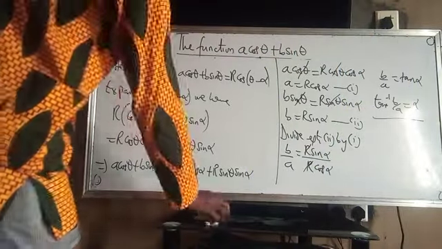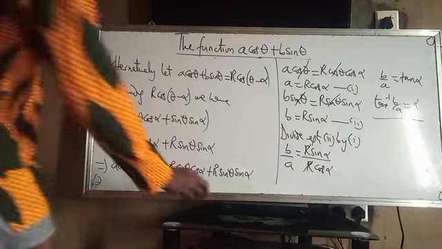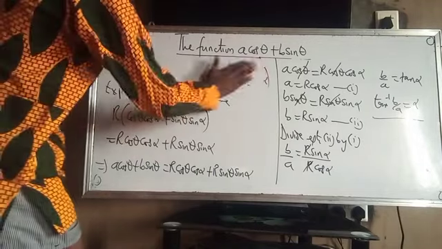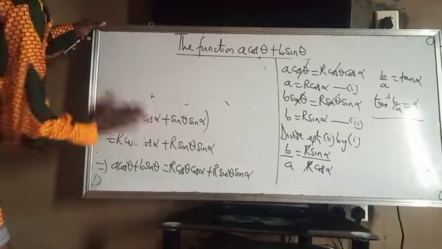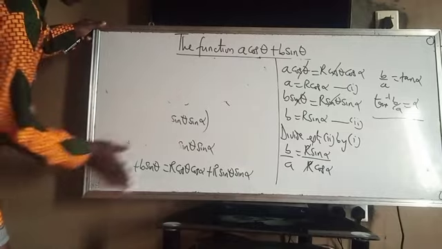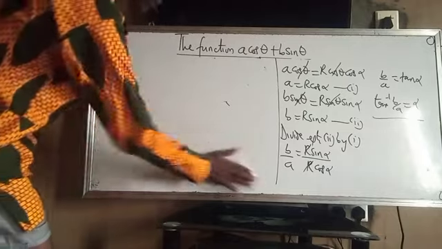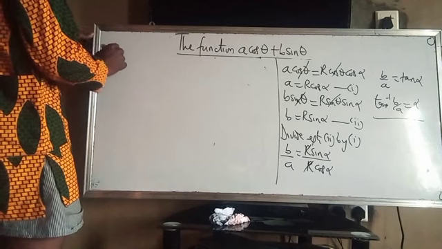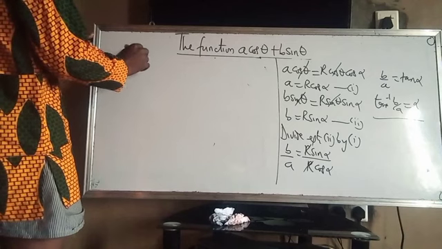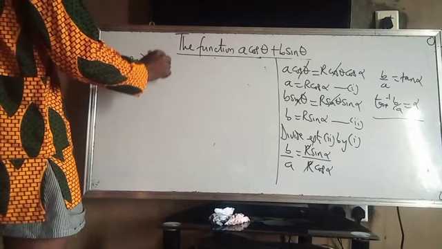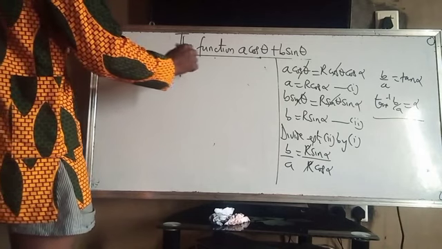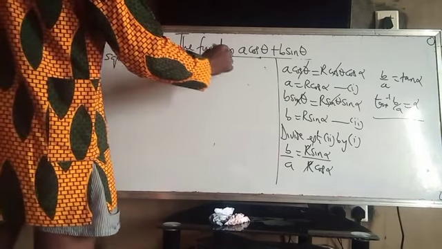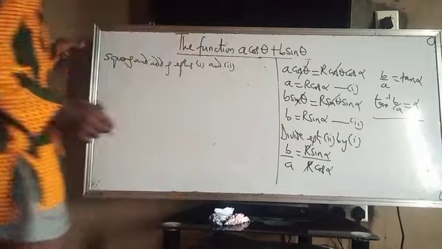Now, how do I get my r? Let's look at how we could get our r. We've gotten the alpha. Now we need to get r. Now, let's square and add equations 1 and 2.